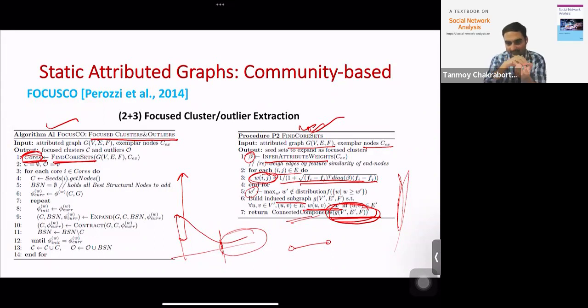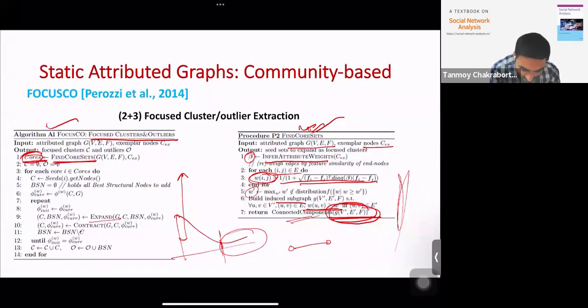Once you add some nodes, you again do a similar thing. You keep on deleting nodes one by one and check whether conductance again reduces or not, because it may happen that a node that you have added earlier should have been deleted. Since this is greedy, you have to do all these things repeated times, right? So you see that there are 2 procedures invoked.